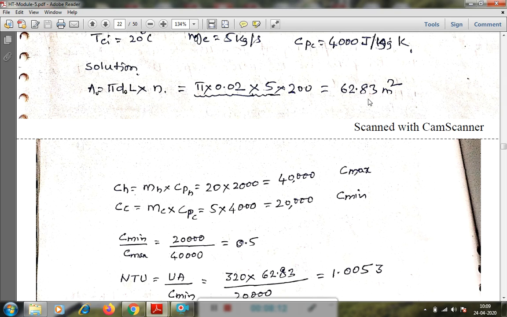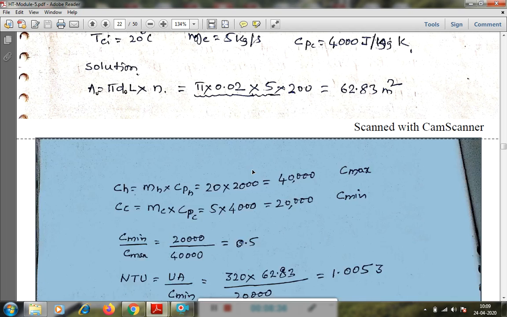That's why this A0 we have to take for the 200 tubes, that is pi d0 L times 200, the total outside area, because U0 is based on the outside area, so A0 surface area we have to take into consideration.